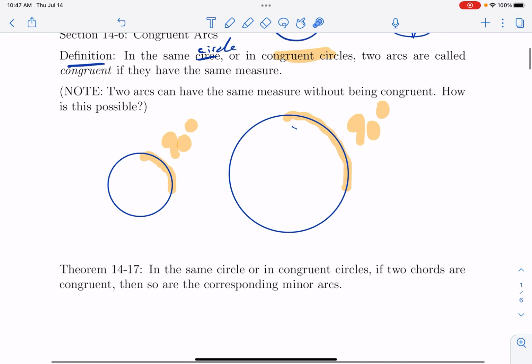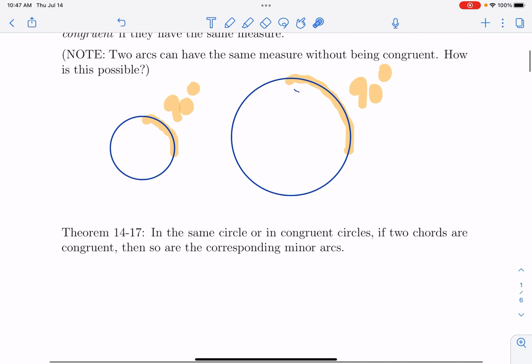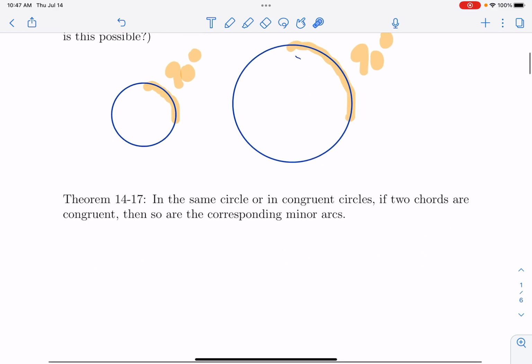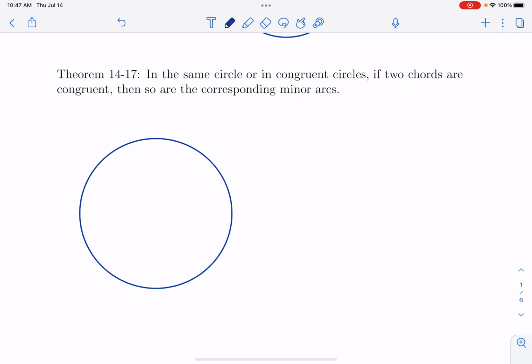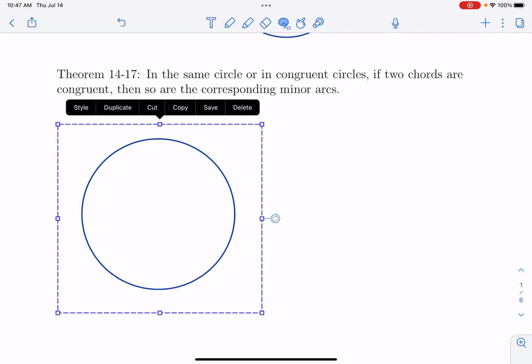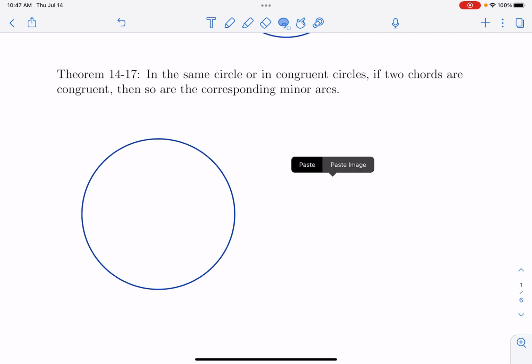So we've got a few theorems related to congruent arcs and things like that. In the same circle or in congruent circles, if two chords are congruent, then so are corresponding minor arcs. So let's draw a little picture here. Let's draw two congruent circles, which by definition means they have the same radius.